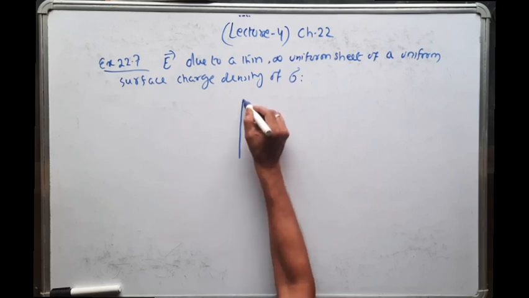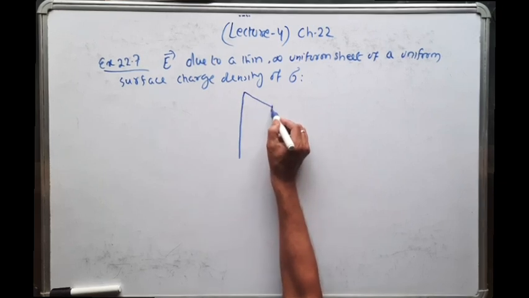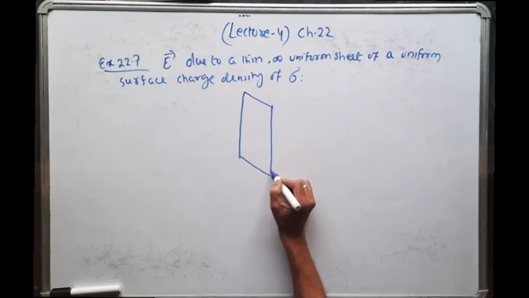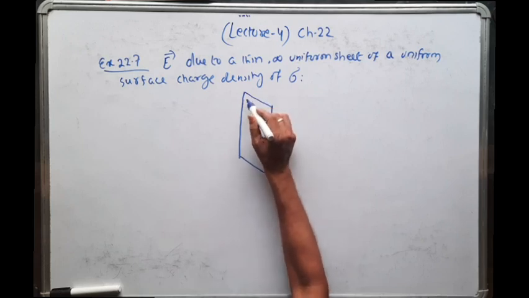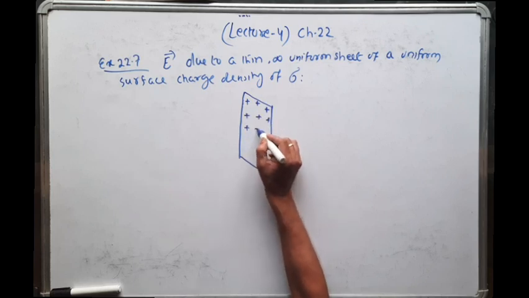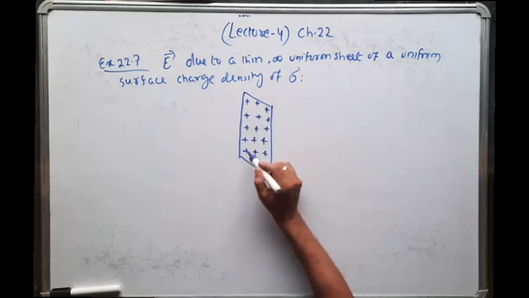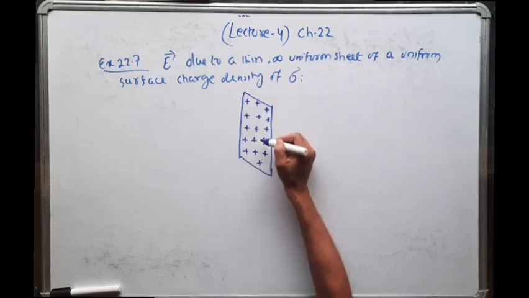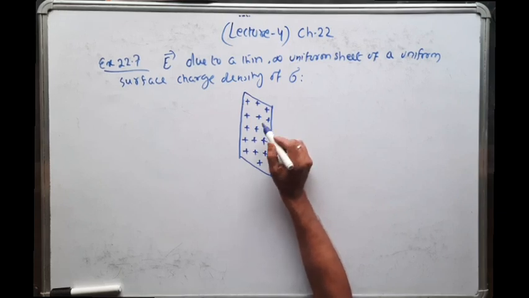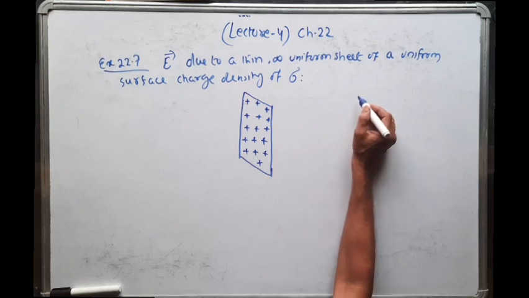So this is an infinite plate, a bigger plate. Let us say the charge on this plate is positive, and it is uniformly distributed. Since the total charge is distributed uniformly over the surface, surface charge density will come into the picture.